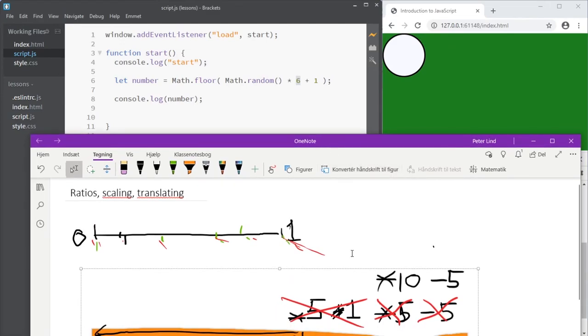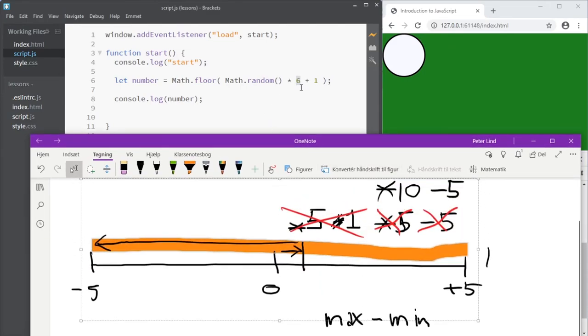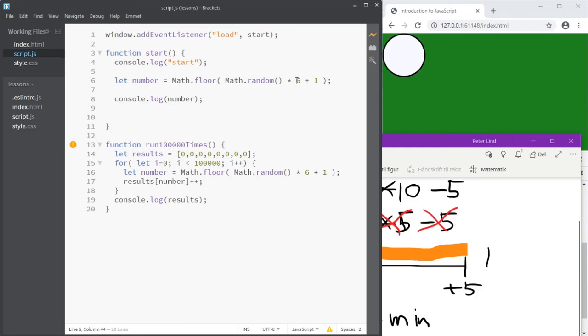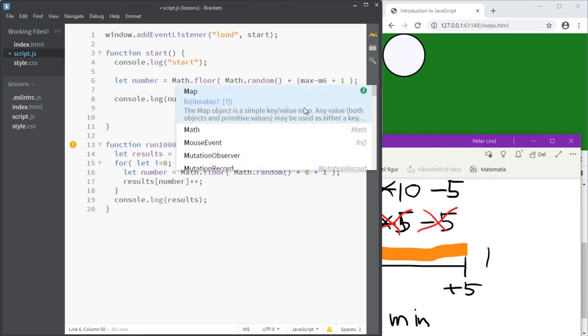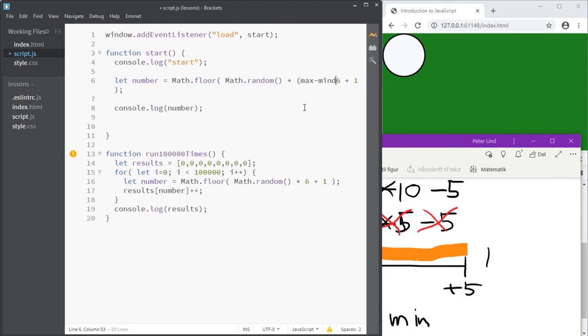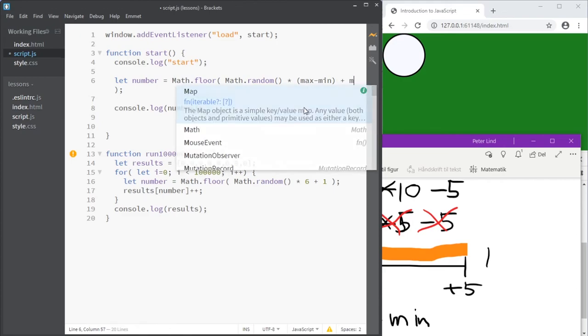So this tells us that what we need to multiply by is our maximum number minus our minimum number. And then we need to plus the minimum.